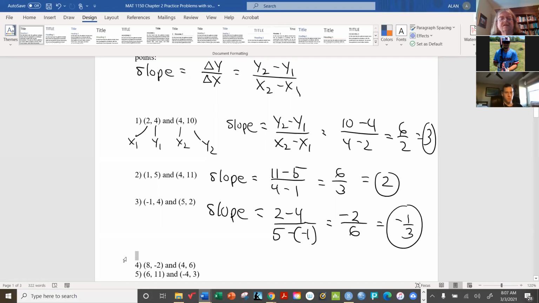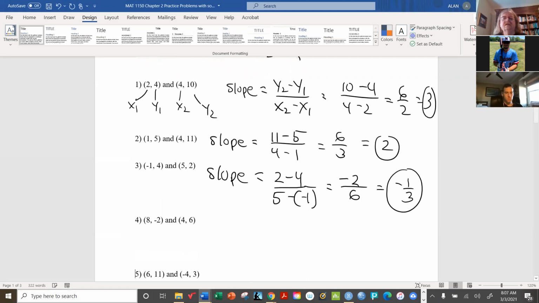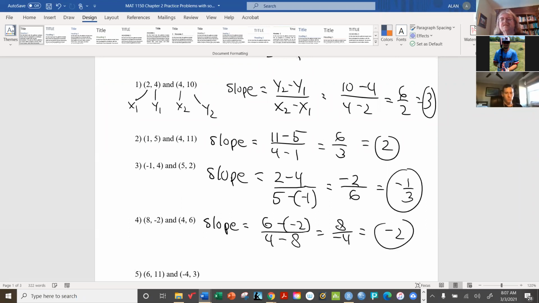All right, now what about this next one? So here the slope would be 6 minus 2 over 4 minus 8. So 8 over minus 4, which is, of course, minus 2.